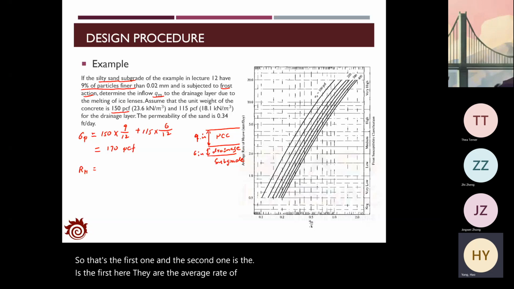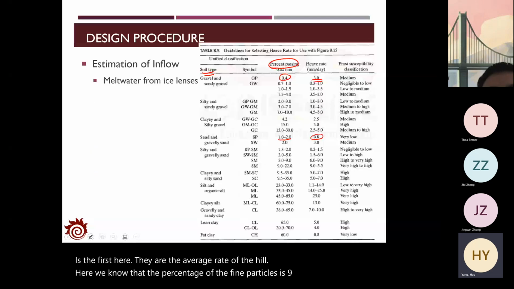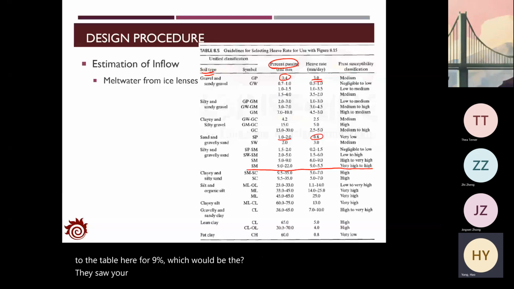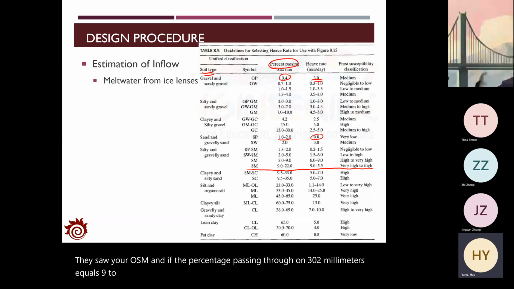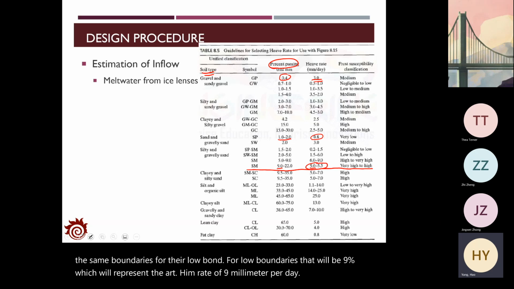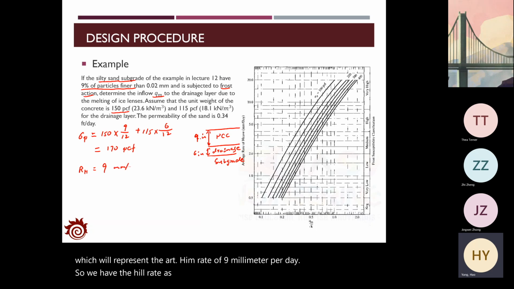So if we go back to the table, for 9%, which would be the soil of SM, and if the percentage passing the 0.02 millimeter sieve is 9 to 22%, then the rate is between 9.0 and 5.5. And we will consider the same boundaries for the lower boundary, that will be 9%, which will represent the heave rate of 9 millimeter per day. So with that, we have the heave rate as 9 millimeter per day.